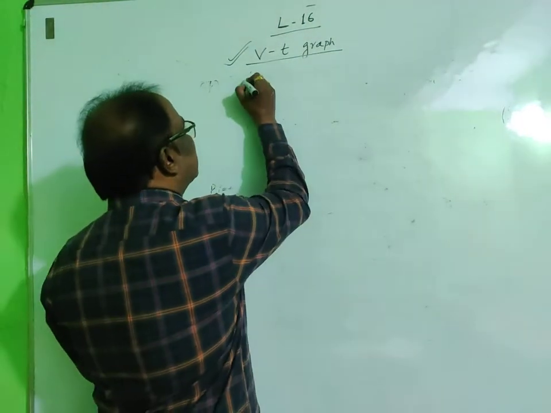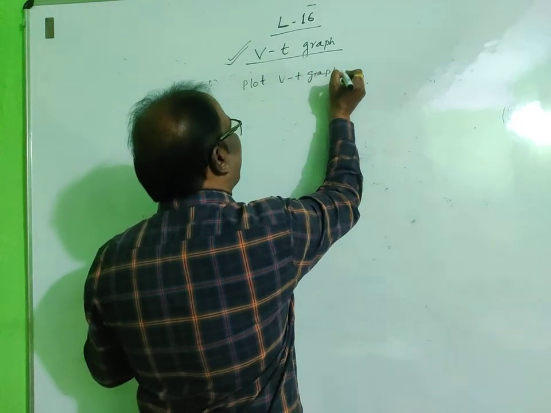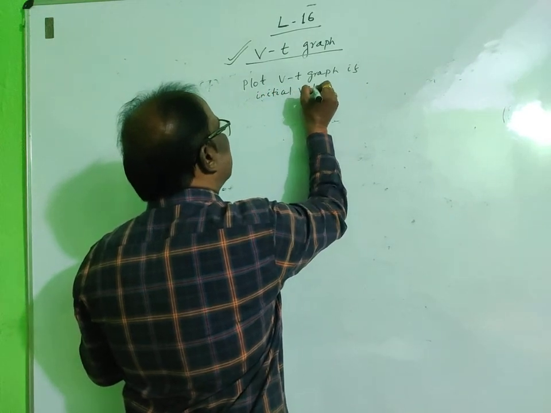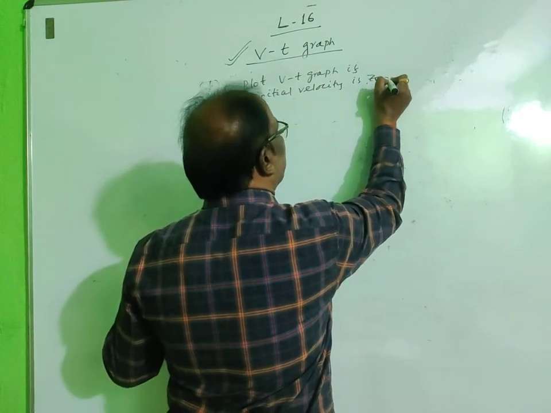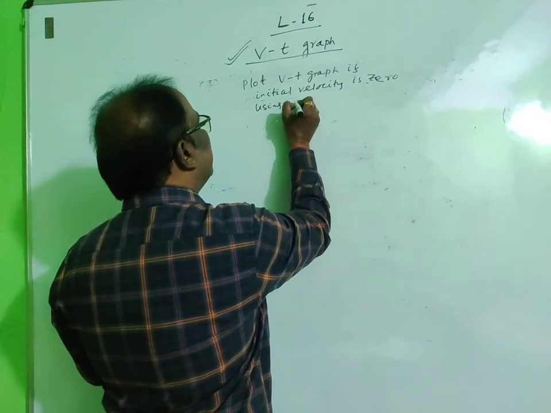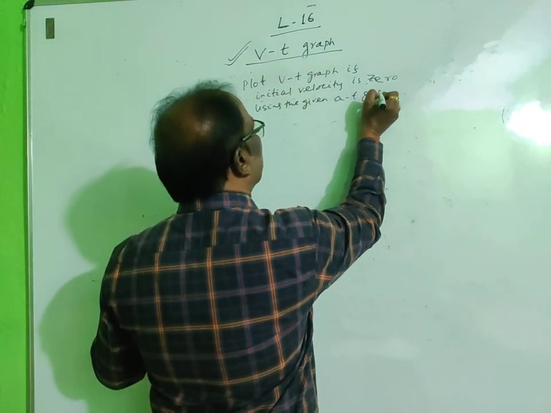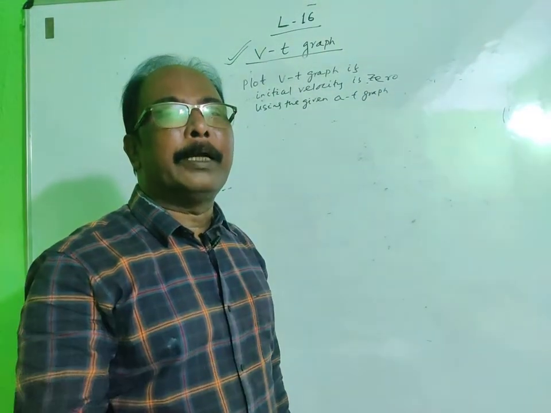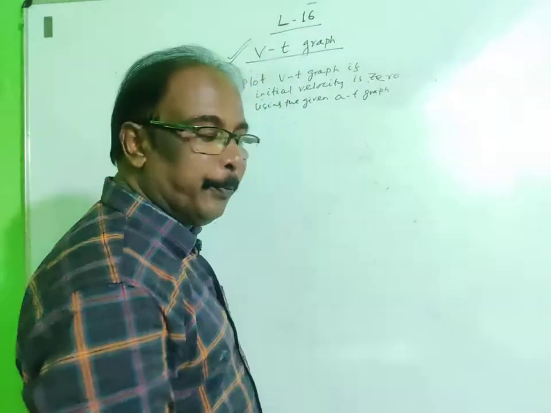It is asked to plot the VT graph if the initial velocity is 0, using the given AT graph. So the acceleration time graph is given. Using the acceleration time graph, we have to get the VT graph. The graph is like this, but it is mentioned that the initial velocity is 0.